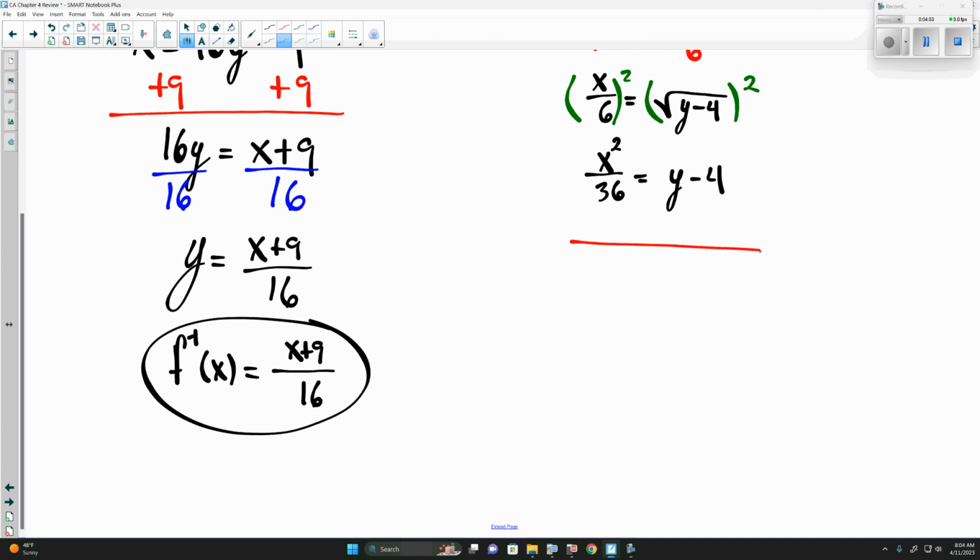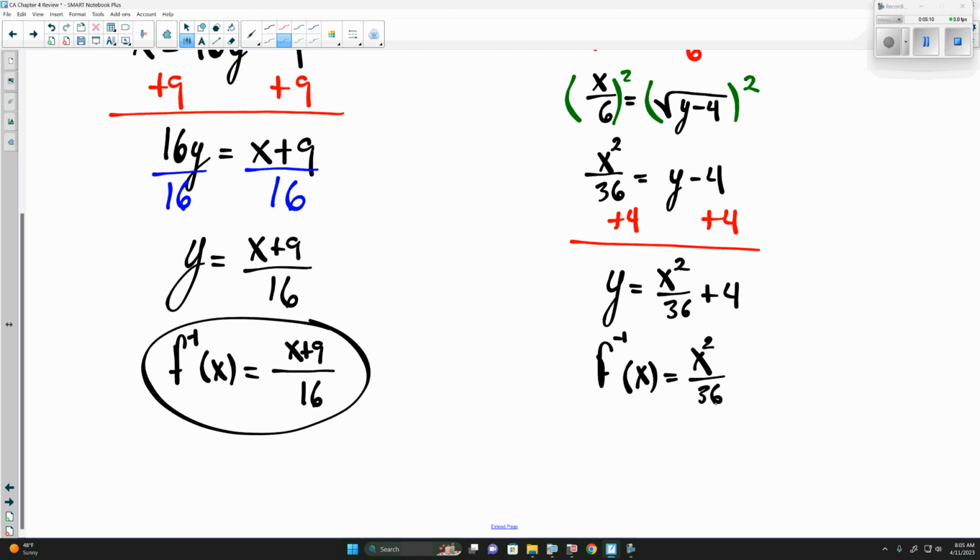Last but not least, we're going to add 4 to both sides, telling us y is equal to x squared divided by 36 plus 4. Or in our case, f inverse of x is equal to x squared over 36 plus 4. Any questions on how we found this inverse?